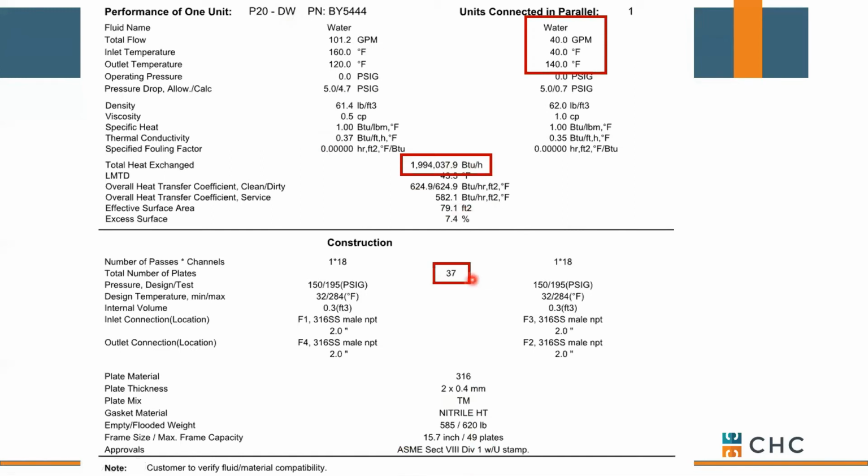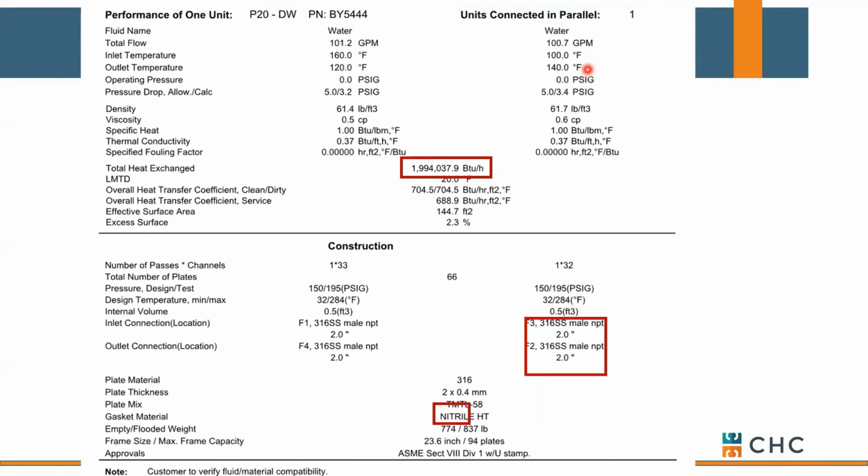Now we have to slow down for just a second. These are our conditions, but when are we going to get 40-degree water out of our domestic storage tank? Only on initial startup. Once that tank is up to 140, more realistically in the field, we're probably going to see 100-degree water coming out of that storage tank.